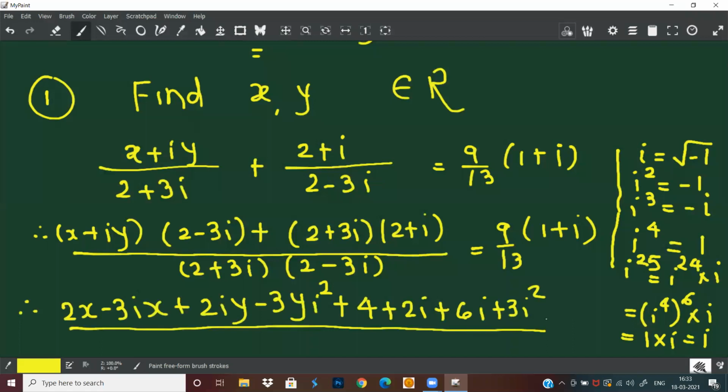This step you can skip in the exam, no problem. This is just for explanation I'm writing.